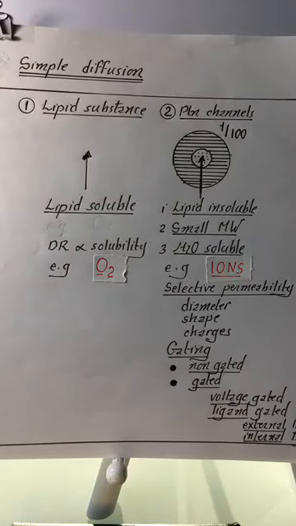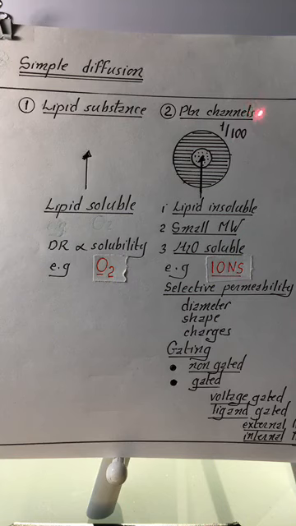But I would like to remind you that for simple diffusion through the protein channels, the diffusion rate is much less than for molecules that diffuse through the lipid substance. You know why? Because the area of the protein channels is 1/100 the area of the lipid substance.